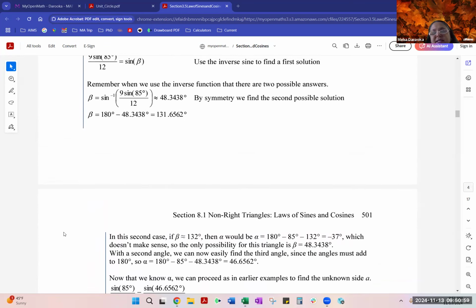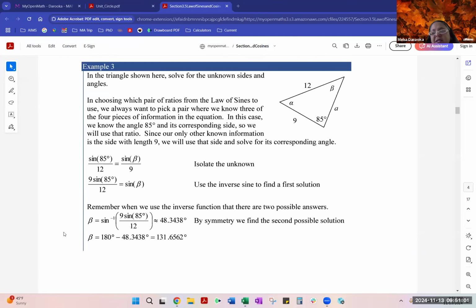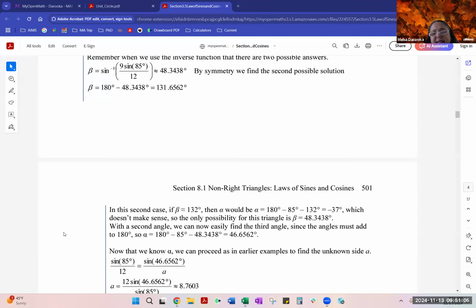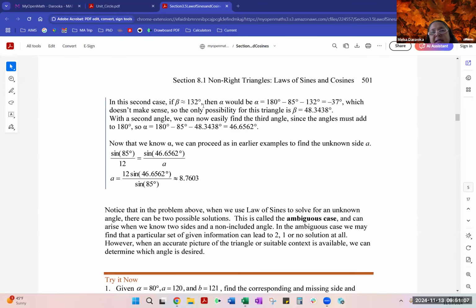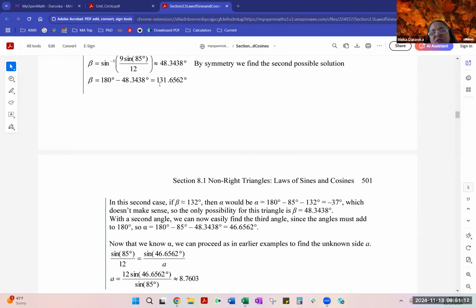So when you put this in, the idea that a triangle will have three angles that add up to 180 degrees, when we put that in, you will see that with the second angle value of 131.6562, we're just rounding it up to 132 for now, it actually ended up giving us a negative value for that third missing angle, which obviously would not make sense.